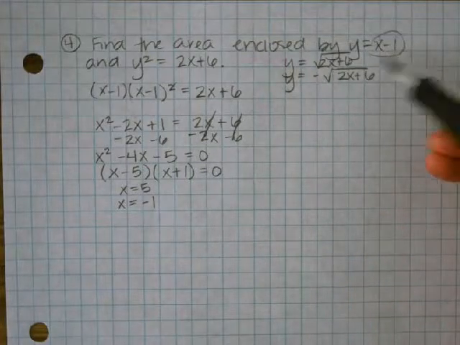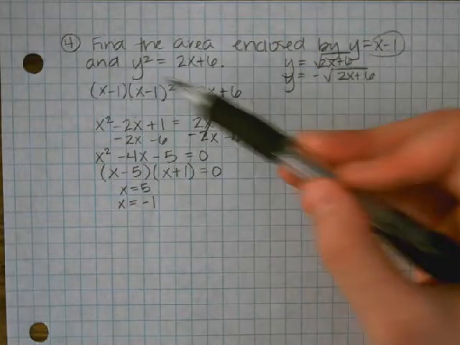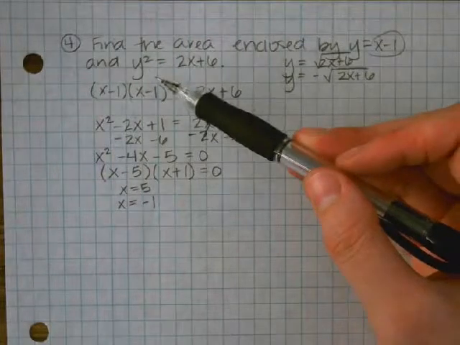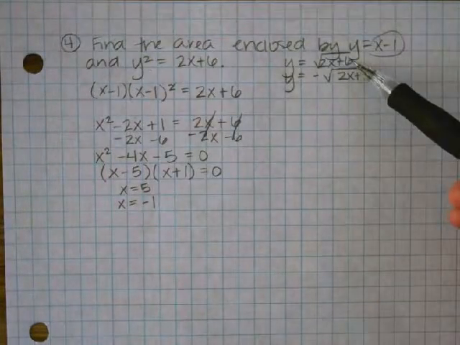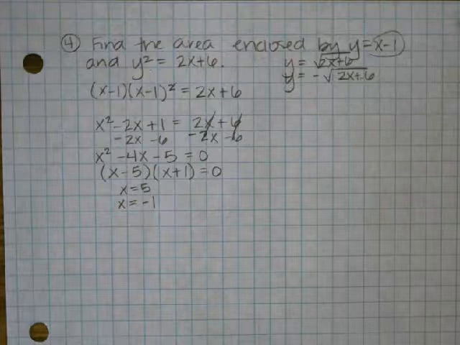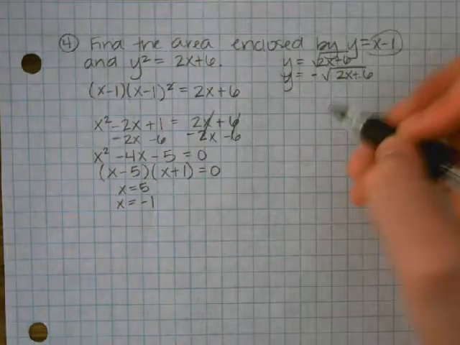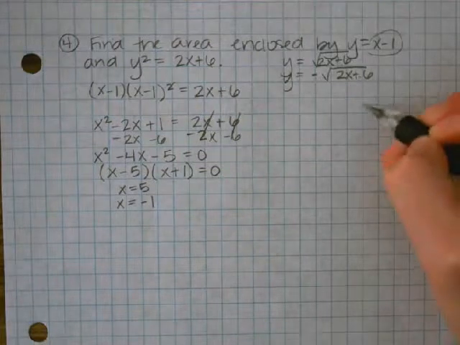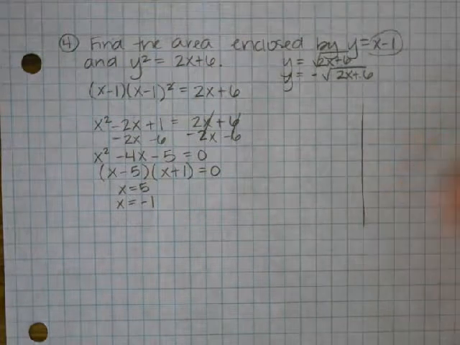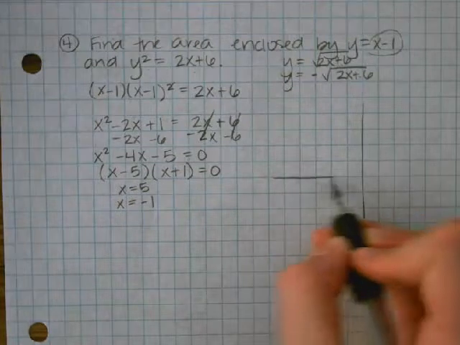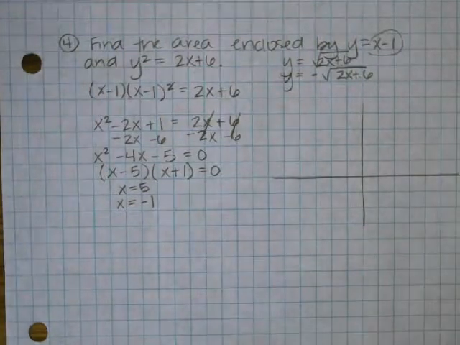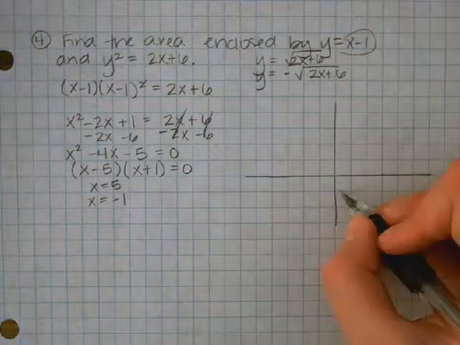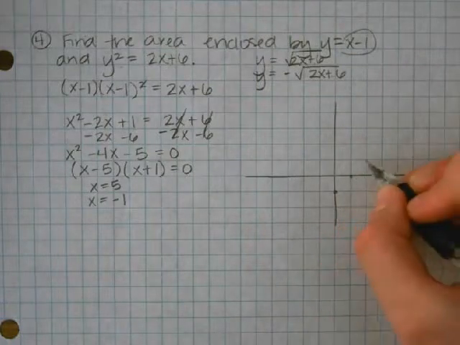So this y squared is actually a sideways parabola, and this gives us the top of it, and this gives us the bottom of it, of a sideways parabola. Yeah. Okay, so let's go ahead and get ready to draw our sketch. And I'm going to start off with that straight line because I think it's the easiest to draw first.